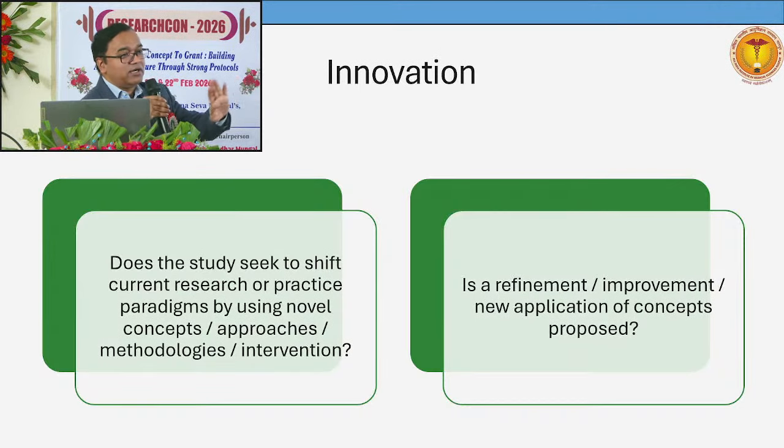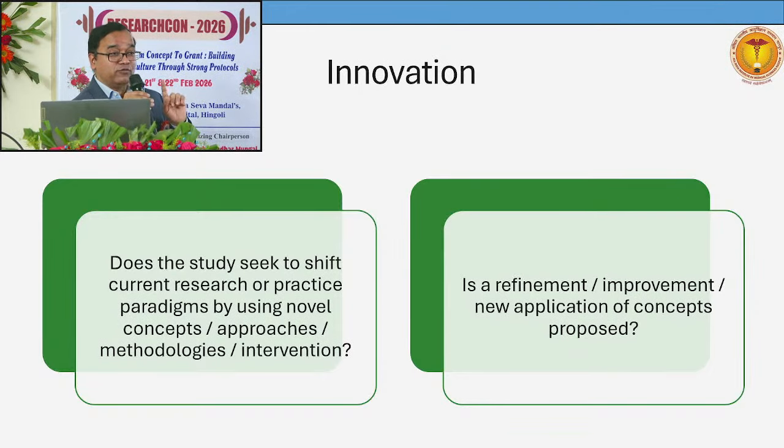This portion is already dealt with by Sachin sir, innovation. But my point on innovation here, which I wanted to stress, is finding innovation through review of literature. Does your research question or study try to shift the knowledge from known to unknown?